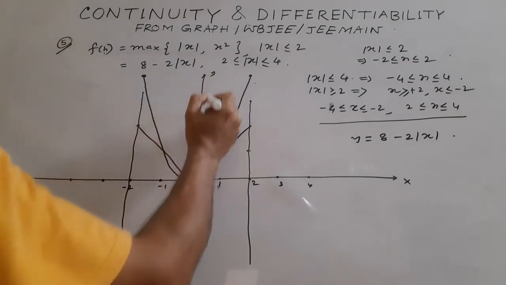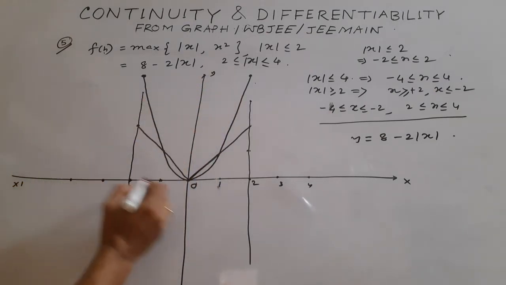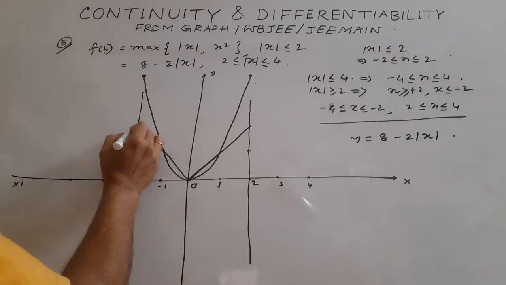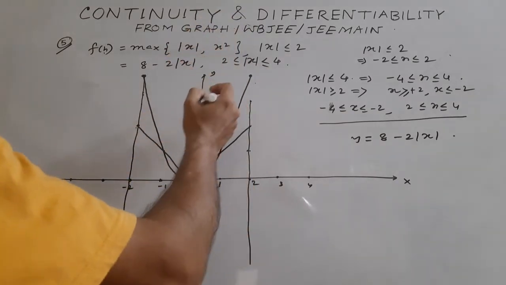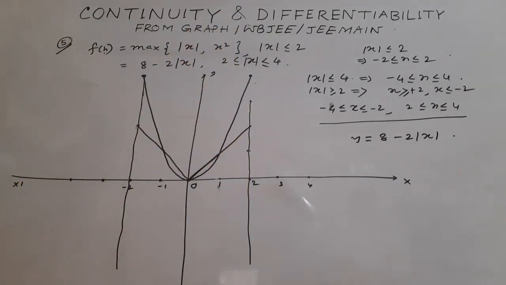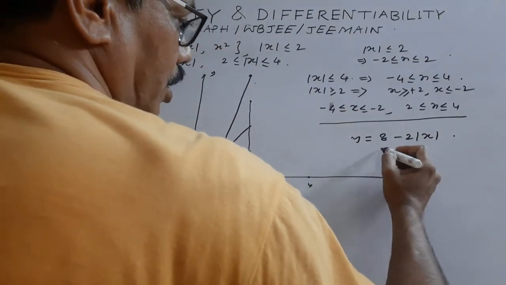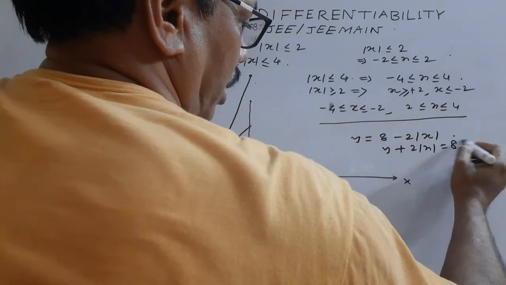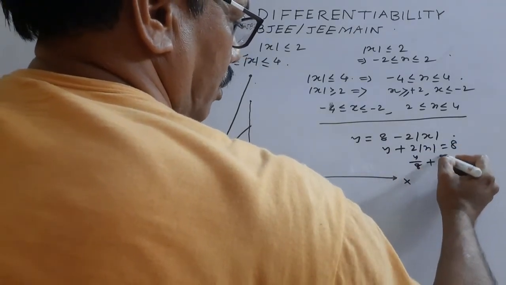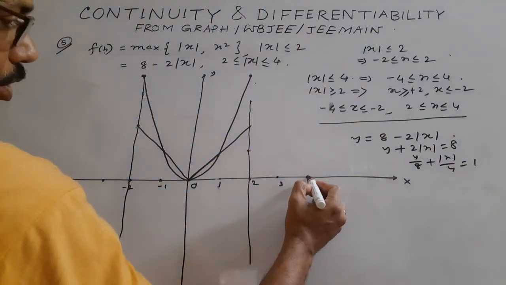So it is not possible to draw, this is 4 here, this is 1, this is 2, this one is 4, then 8. So y plus 2 into mod x equals 8, so y by 8, mod x by 4 equals 1. This is at 4.